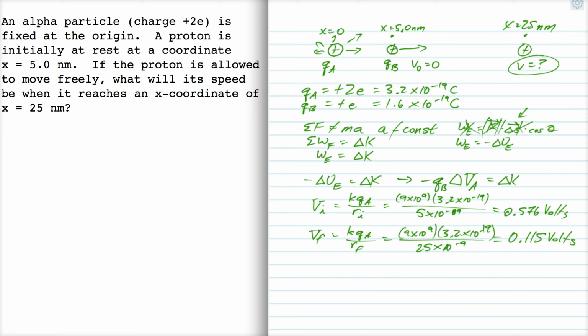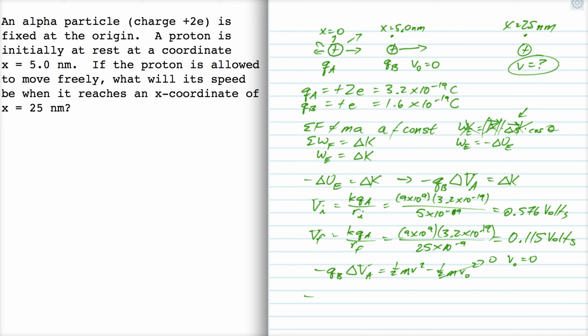Okay, so now we pretty much know everything. So minus QB delta V is 1/2 mv squared minus 1/2 mv naught squared. This term is 0 because it starts at rest.